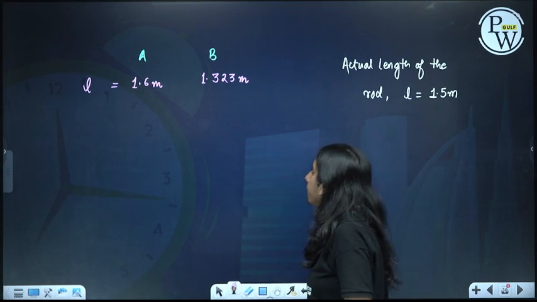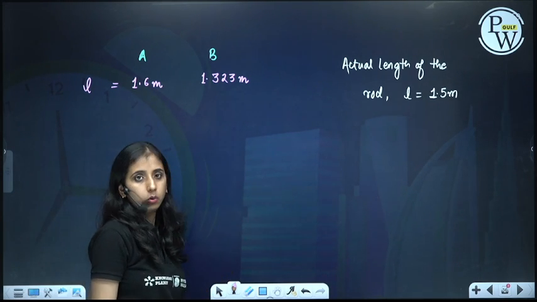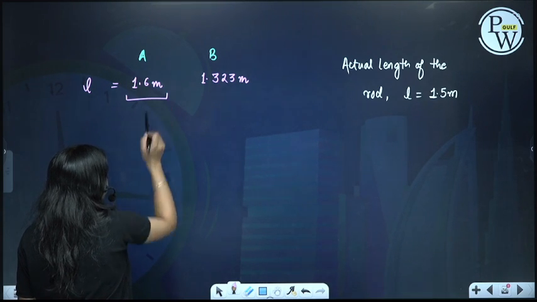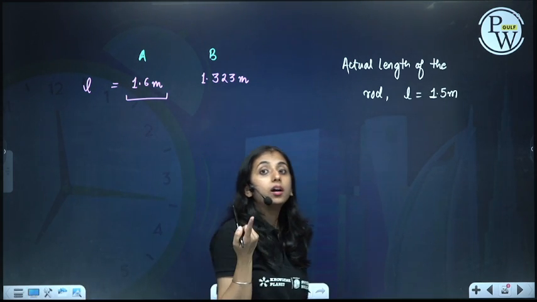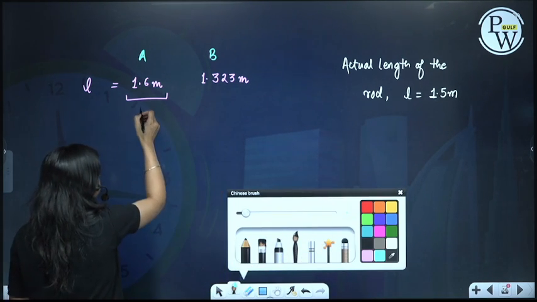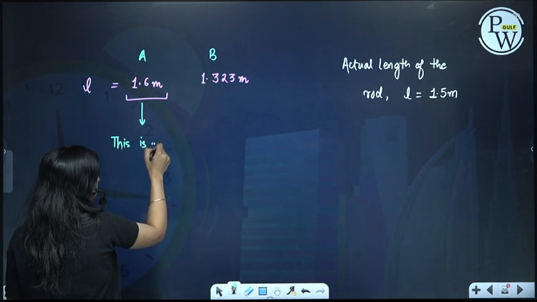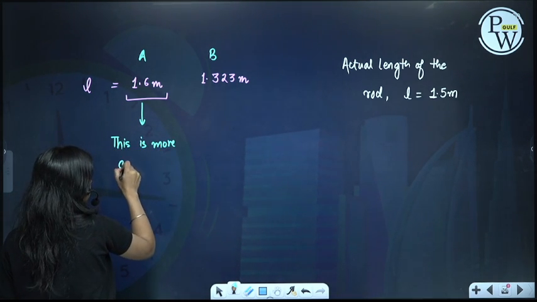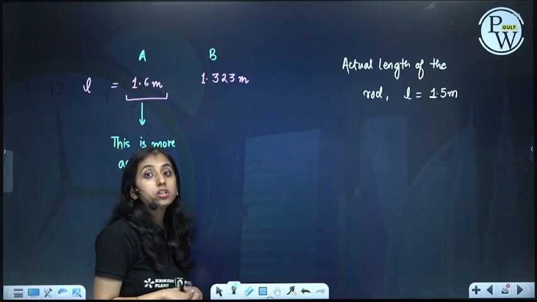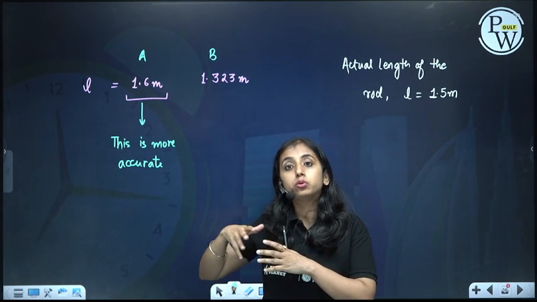Now tell me which value is closer to the accurate value. Obviously 1.6 is closer to the accurate value. So this is more accurate. Now, which value is more precise? In which value can we measure up to greater depth?